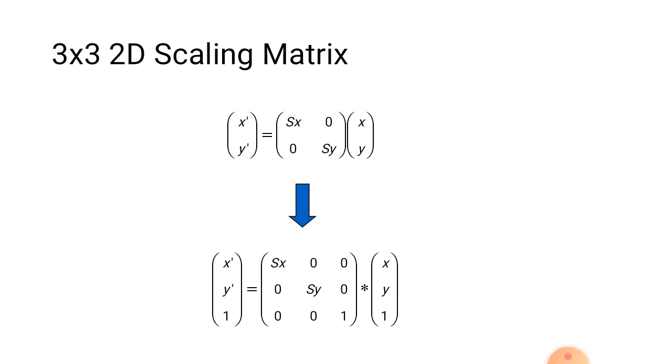Here we have the 2D scaling matrix, x', y' equals sx 0, 0 sy times x, y. We term this the 2D transformation, which goes to a 3x3 matrix x', y', z'. The 2D representation is transformed to the 3D representation in the form of this equation.